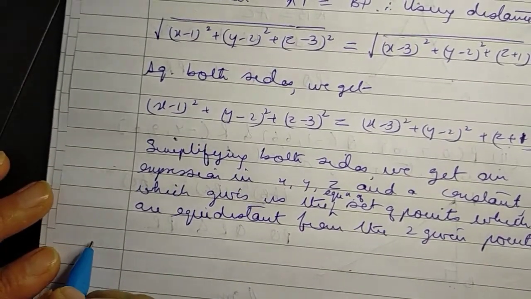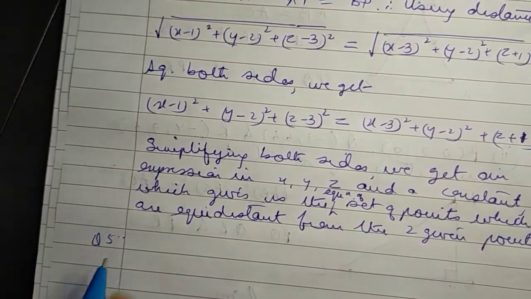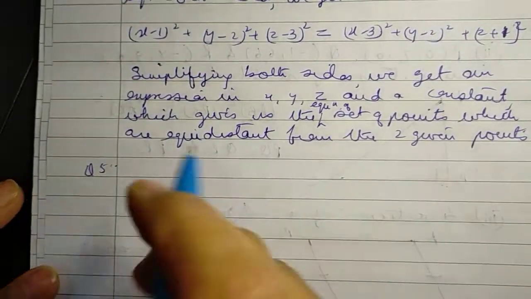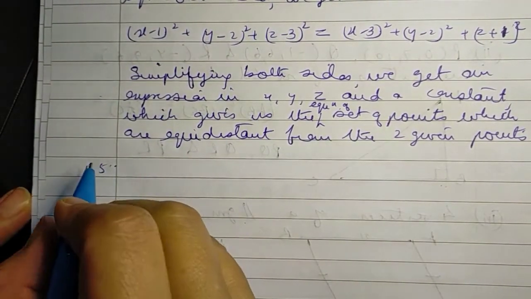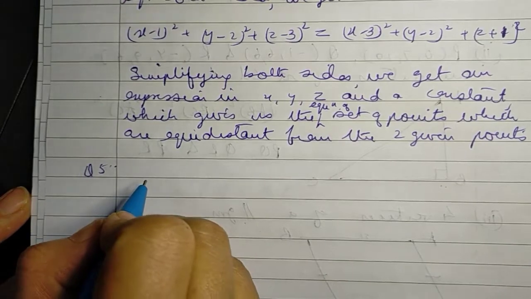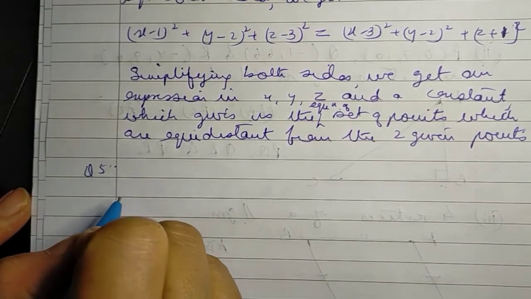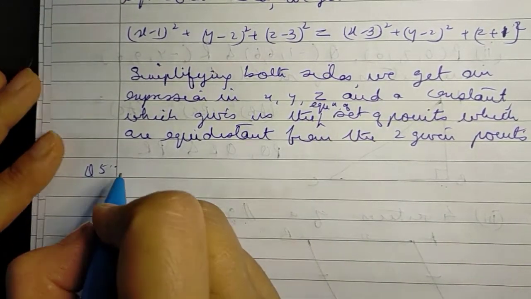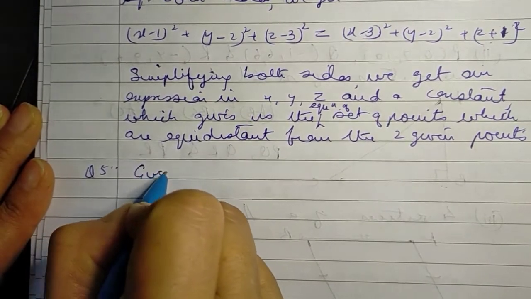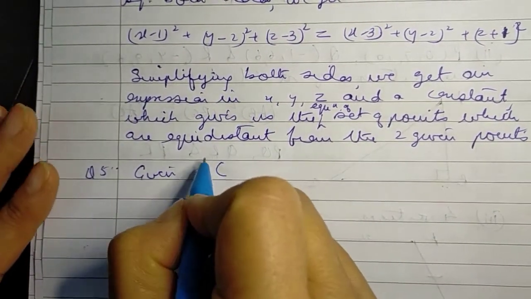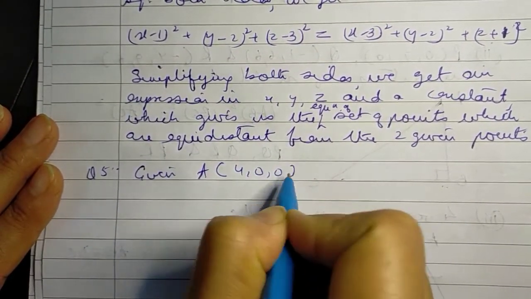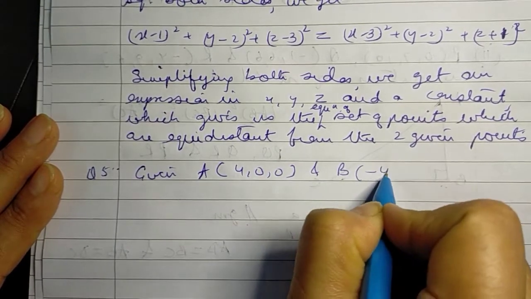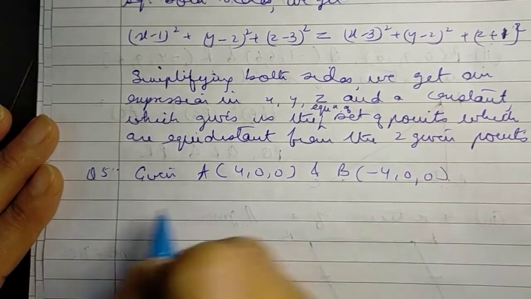Similarly, question number 5 can be dealt with in a similar fashion. What is given to us? We have to find the equation of the set of points, the sum of whose distances from A and B is equal to 10. So, given 2 points, A is (4, 0, 0) and B is (minus 4, 0, 0).